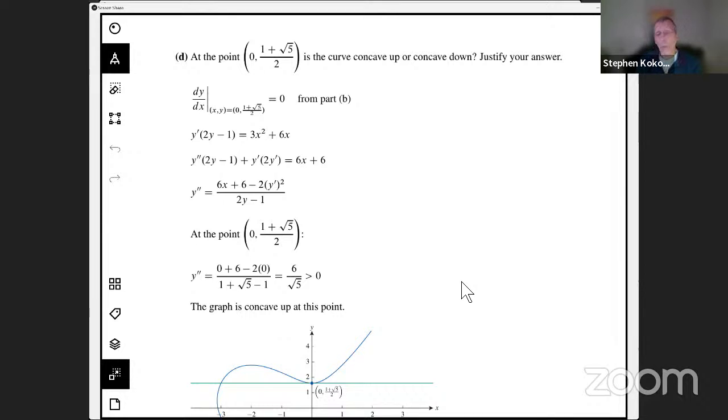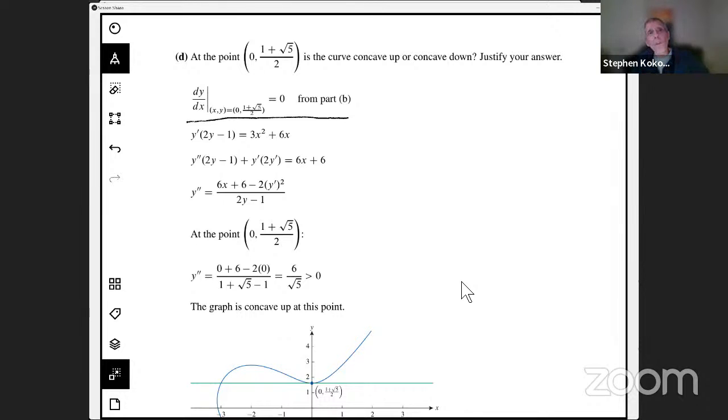Now, we've already dealt with this point, but I put in an extra step in here. I happen to know that the derivative evaluated at that point is 0. I was thinking about asking a question about local maximum and local minimum, but I decided not to because I wasn't sure how to define local maximum for a curve that's not quite a function.